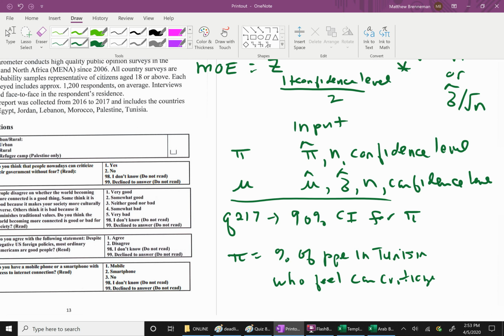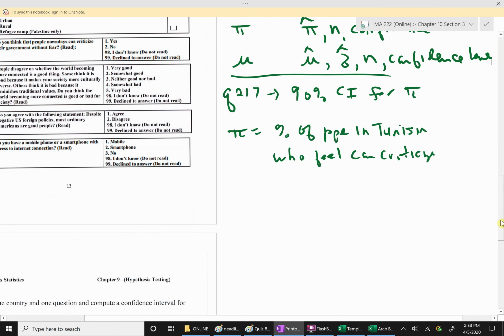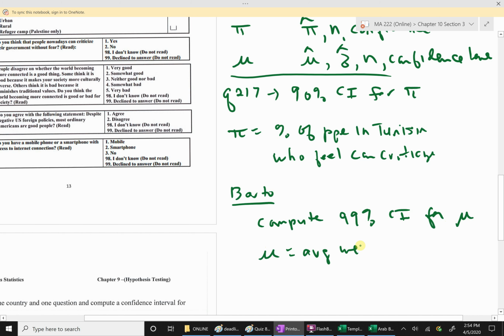And so let me just make up an example. Let's just say that Bardo, remember he's our beloved baker, he wants to compute a 99% confidence interval for a population mean, where mu, as you might guess from our previous examples, is the average weight of his loaves of bread.